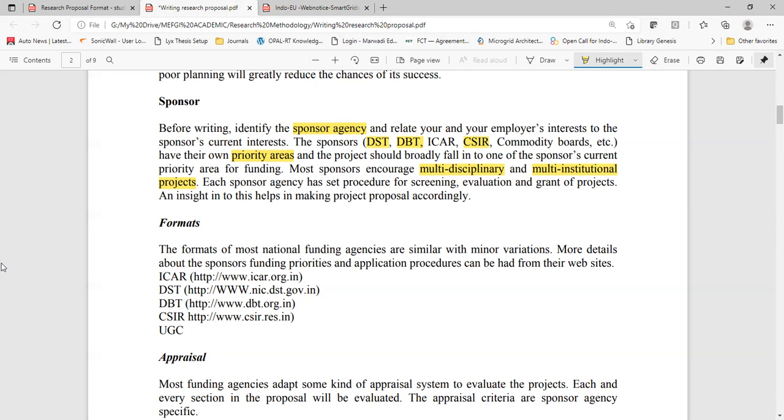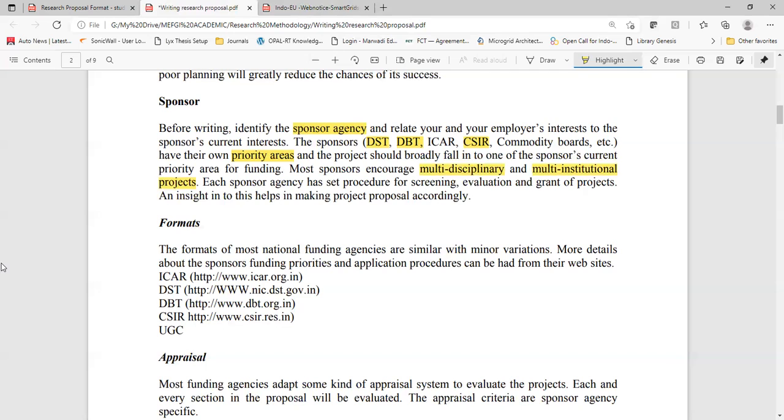No, it's not possible. So he has to show that this is the partner institute, this is the partner industry, and we are going to complete the project with a kind of sharing. So the IIT professor will do this much work, the professor from the other country will do this much work, and industry will contribute in this manner.